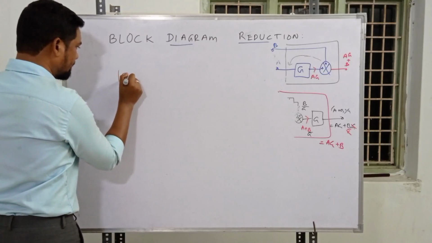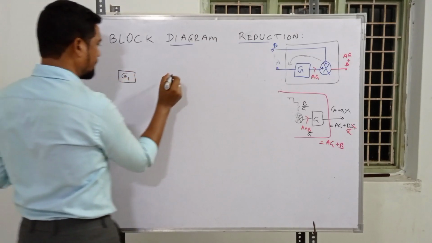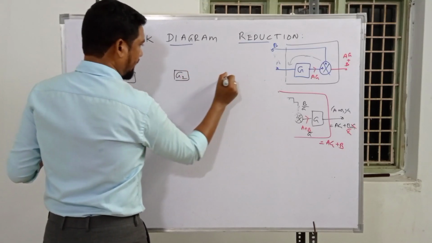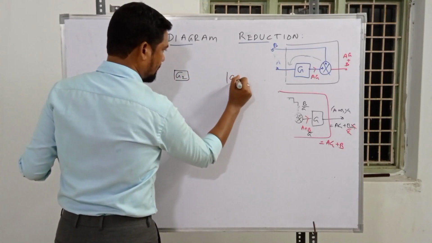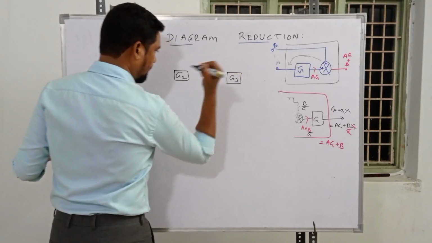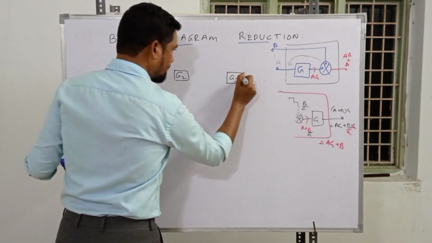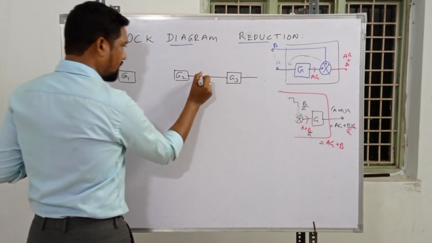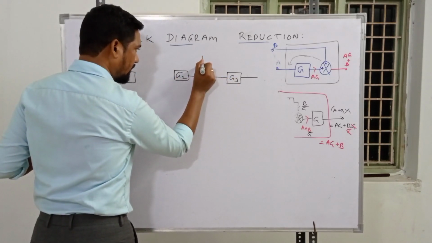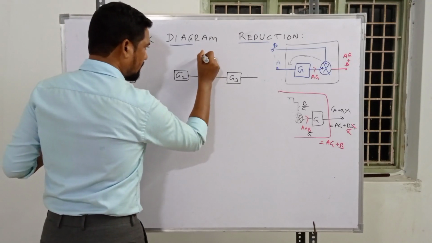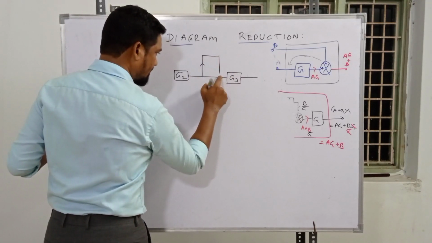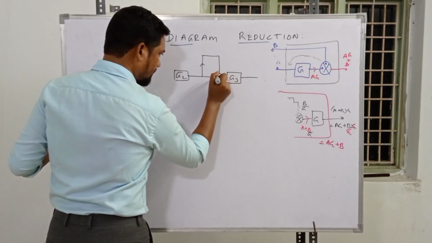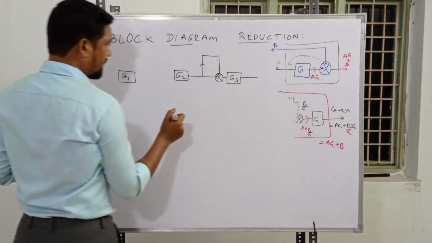Let it be G1 over here, and let's have a G2, and somewhere a G3. What do we have over here? A signal from this side flowing in this direction. We have a summing point over here, simply a positive and a positive.